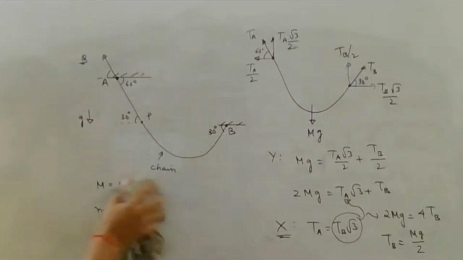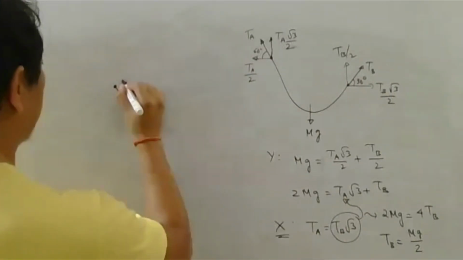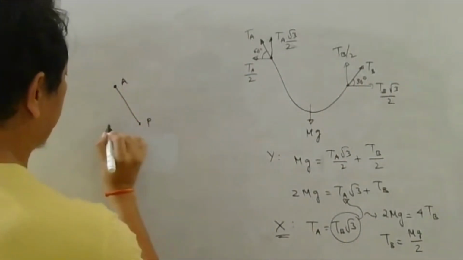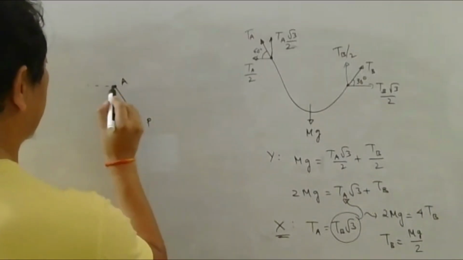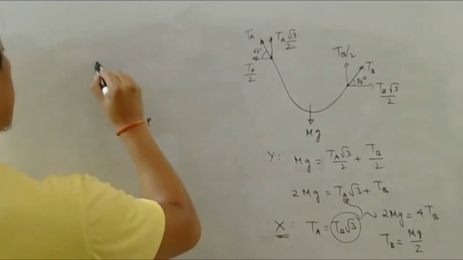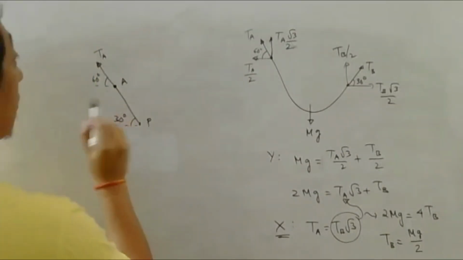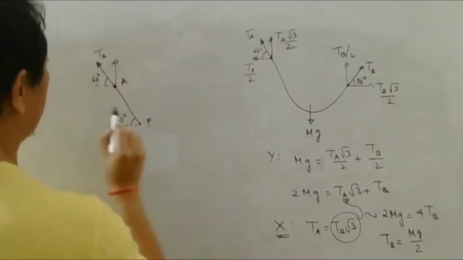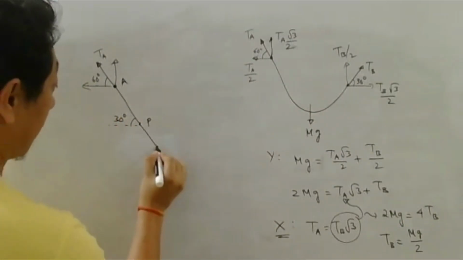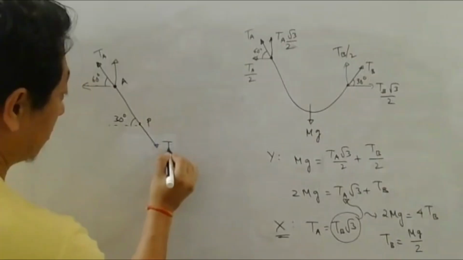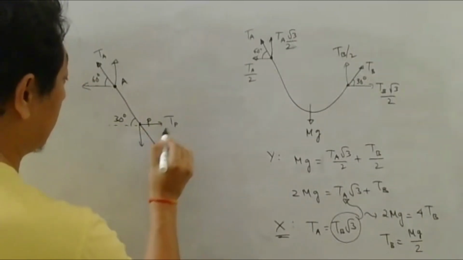They are asking mass of which part? AP. So we have to now consider AP as system. So AP, if I take as system, this is A, this is P, this is 30 degree, this is 60 degree. Again, same thing you have to do. Here tension will be, remember, along the string away from the body. So this is TP.